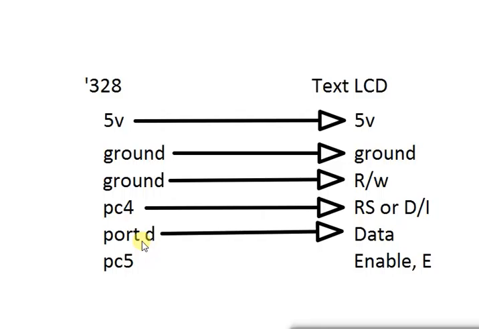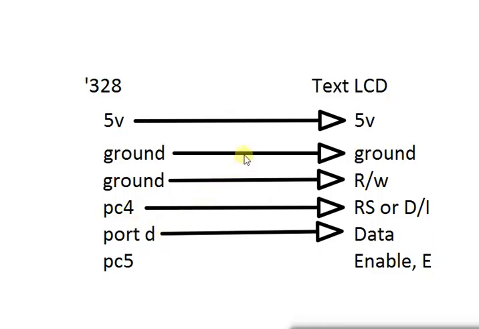Well, this port C, bit number 4, if it's a high, that means the screen is getting a letter or data. And if port C, bit number 4, is a low, then the LCD screen is getting an instruction, like go to the home position or clear the screen. So again, that bit determines whether the screen receives a letter or a command to do something.